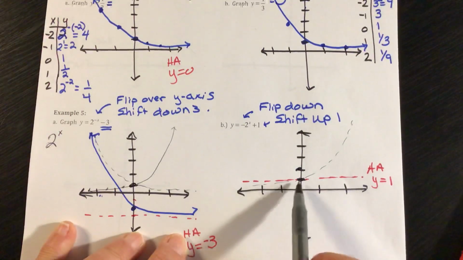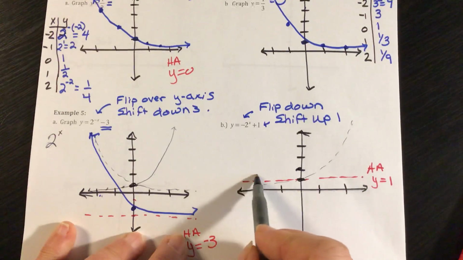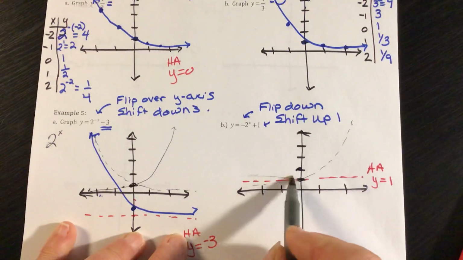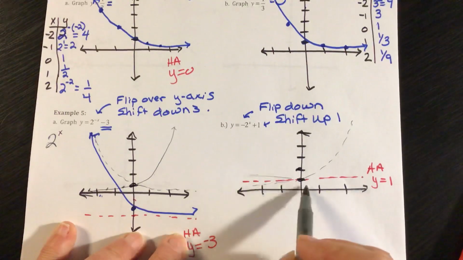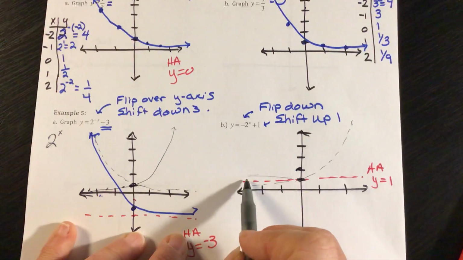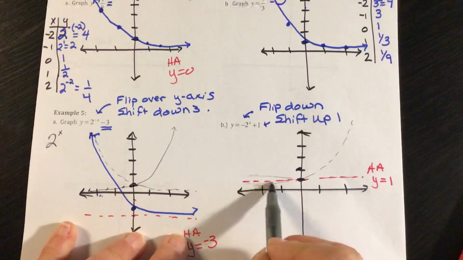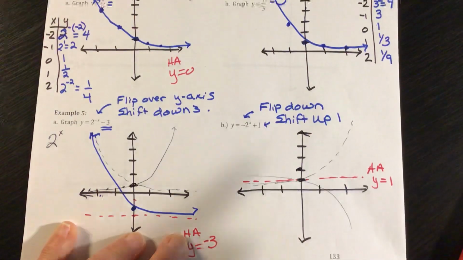So instead of going up like that, it's going to go, where am I at here? It's going to go down, and I am looking at this way.